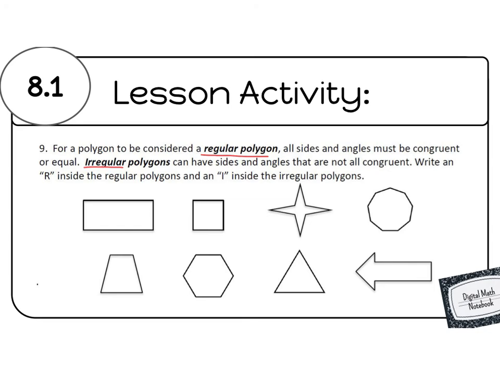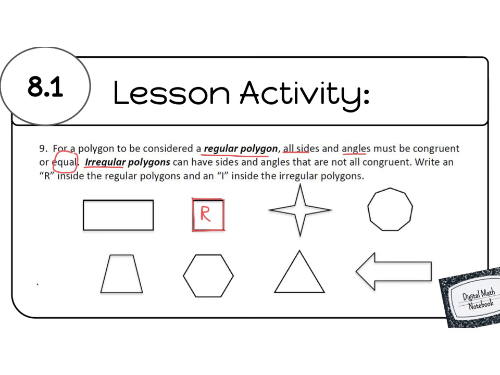So if we look at this example here, I'm going to start in the middle. This square is regular because all of the sides are the same length. So the sides and the angles must be equal. If they're not, then we call it irregular or not regular.